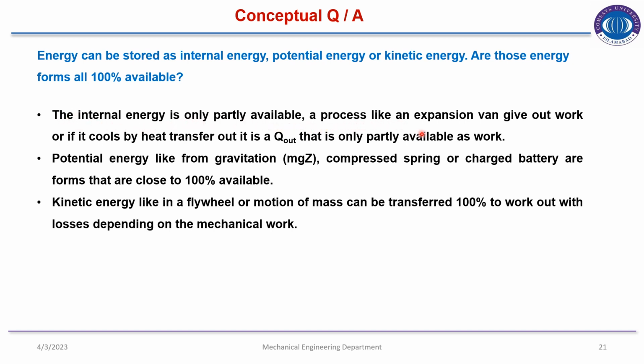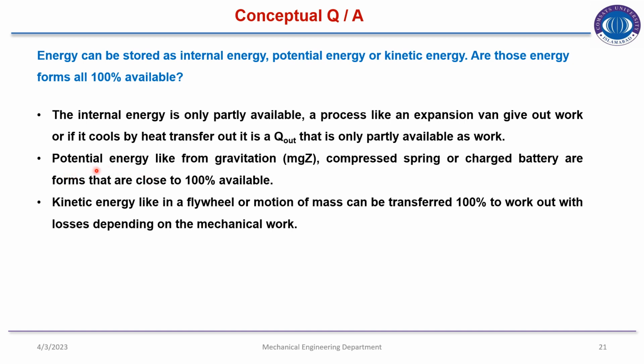A process like an expansion can give out work, or if it cools by heat transfer out, that Q out is only partly available as work. As you know, the internal energy is really the function of heat or work that is added or reduced by the system. So the internal energy is not 100% available, only partly available.